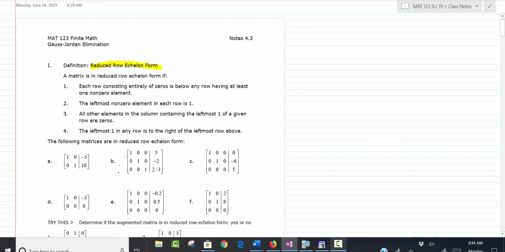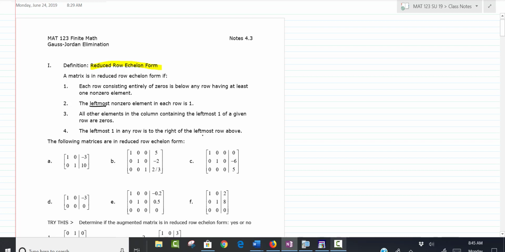I'll explain how this goes with these examples. Then the leftmost non-zero element in each row is 1, so that's a key thing. All other elements in the column containing the leftmost one of a given row are zeros. And then the leftmost one in any row is to the right of the leftmost one in the row above.